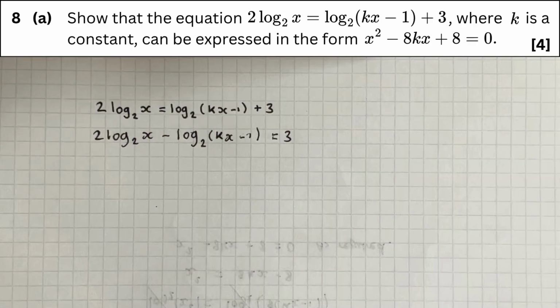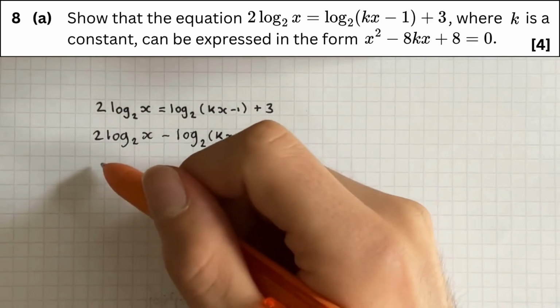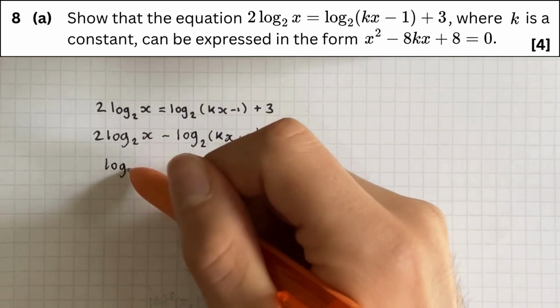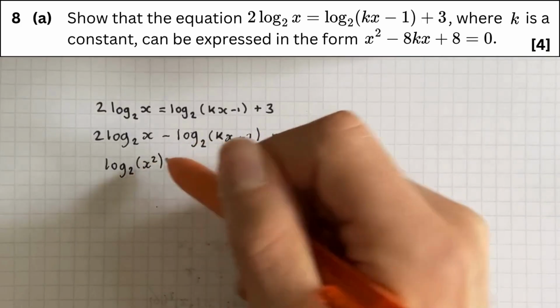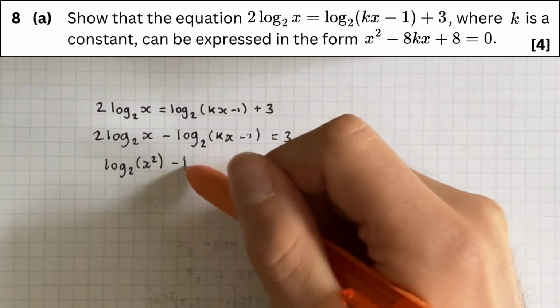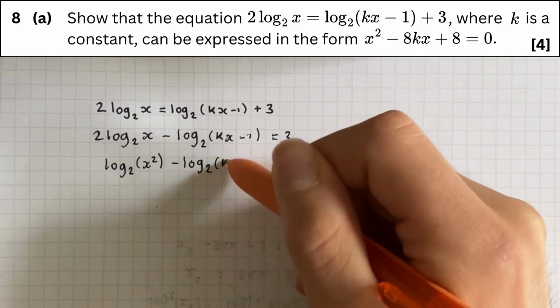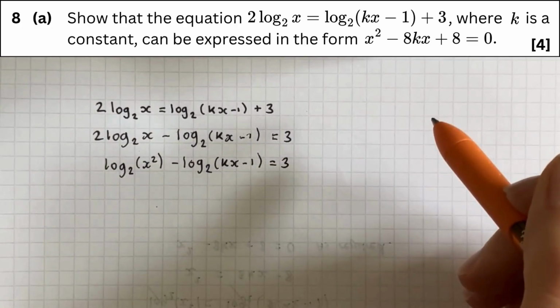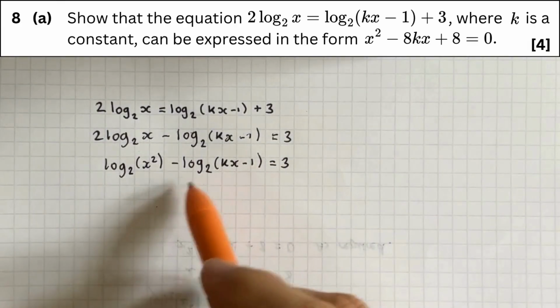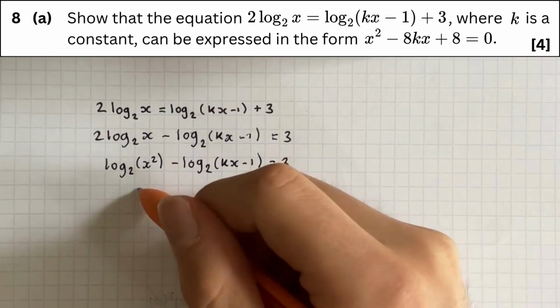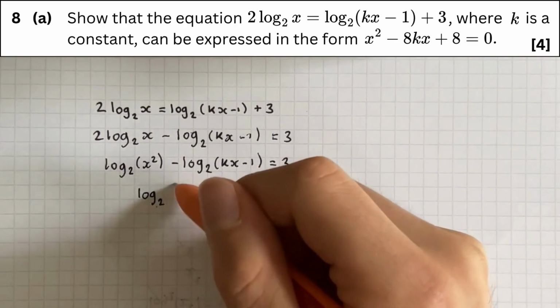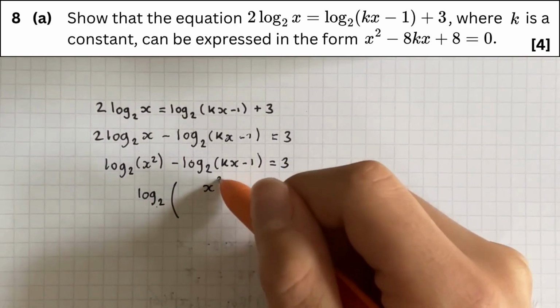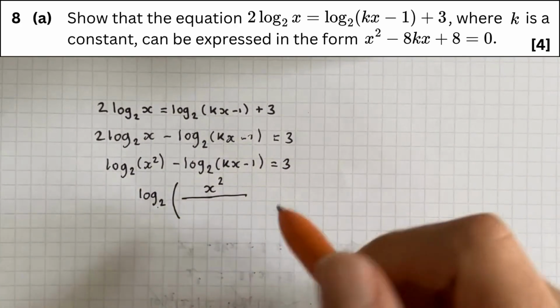Now, it's not a single logarithm on the left-hand side, so what I'm going to need to do is bring up that 2 again for the umpteenth time, and then minus the other log. And you should know that if we're subtracting 2 logarithms, it's the same as dividing what's inside them. So this will be log base 2 of x squared divided by kx minus 1.